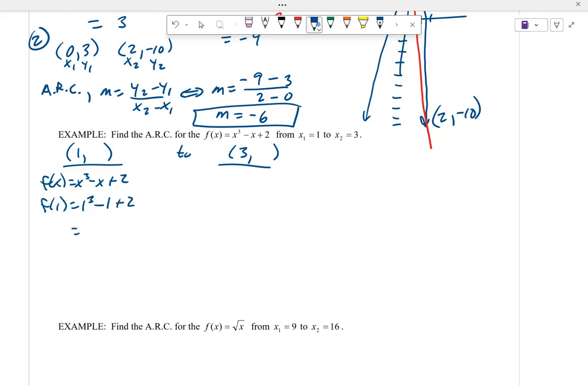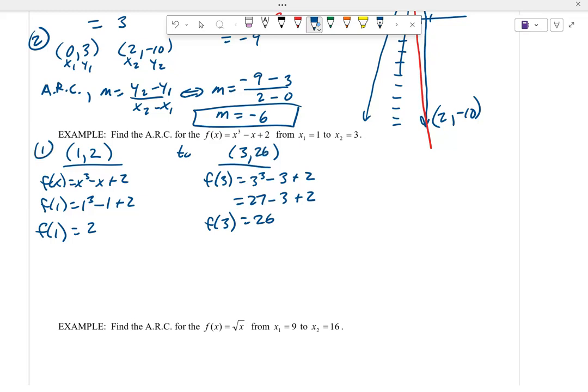Well, 1 cubed is 1, 1 minus 1 is 0, 0 plus 2 is 2. So f of 1 is 2. There's the first point. Now let's throw 3 in. So I get 3 cubed minus 3 plus 2, which is 27 minus 3 plus 2. I get 24 plus 2, which is 26. So f of 3 ends up being 26.